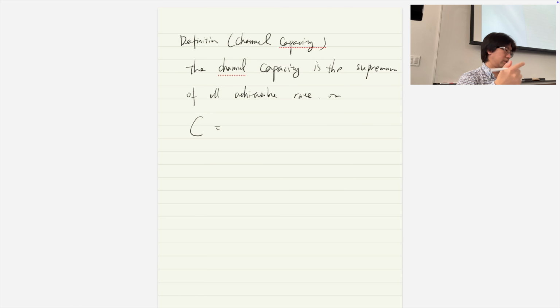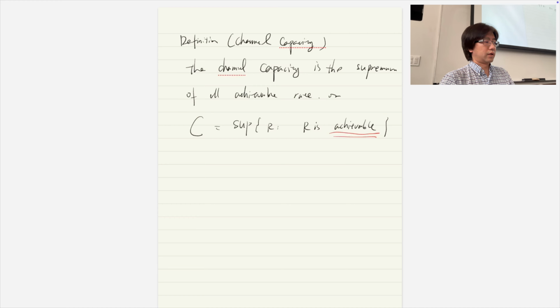The capacity is denoted by C, so that equals the sup of R such that R is achievable. Then we need to understand what is achievable. This is the definition from before. Achievable basically means that when n goes to infinity, the error has to go to zero, for such R.